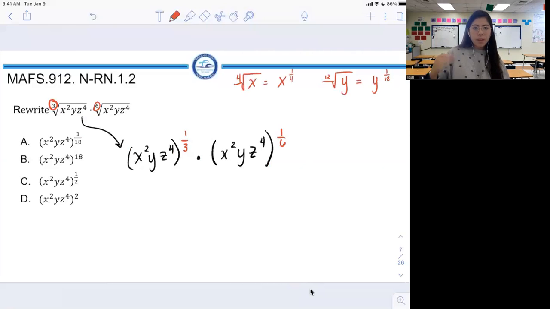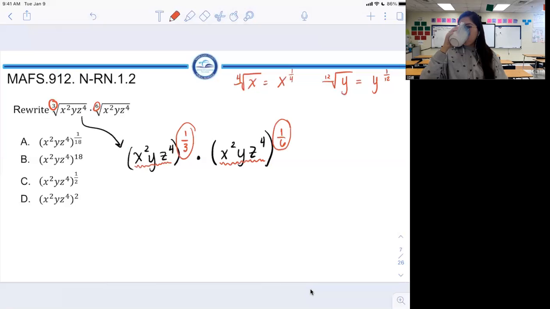Now, from this point, what is the same? It looks like on both of them, we have x squared y z to the 4, right? Both of those are the same. So what can I do to these two exponents? What should I do to them if I'm following the rule correctly? Multiply them, add them. That's the question.